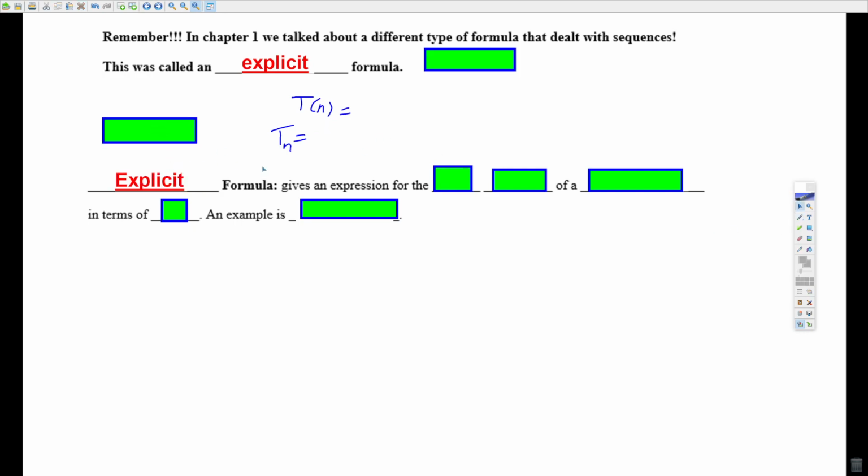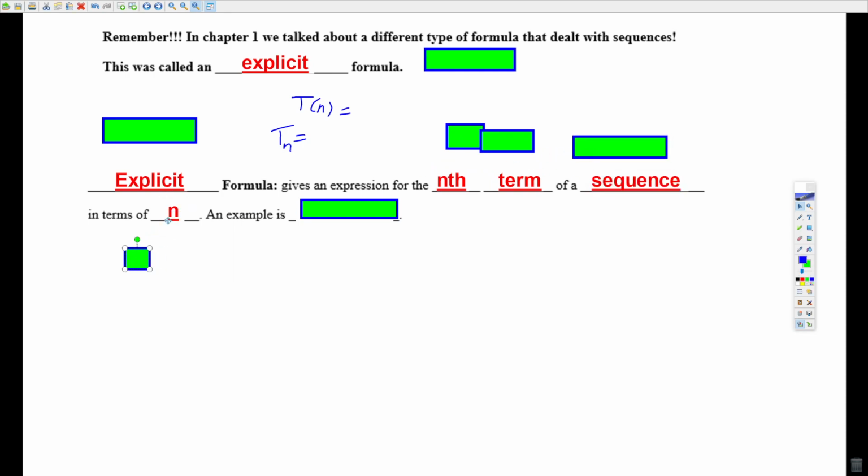So just as a reminder, an explicit formula gives an expression for the nth term of a sequence in terms of n. And as an example, again, it uses a subscript notation. It would be a sub n equals 4n minus 6, just to create one as an example.